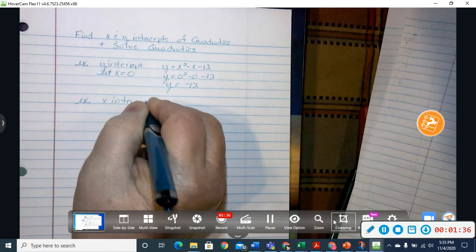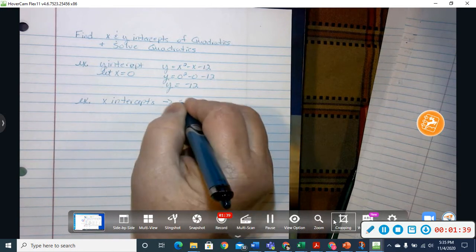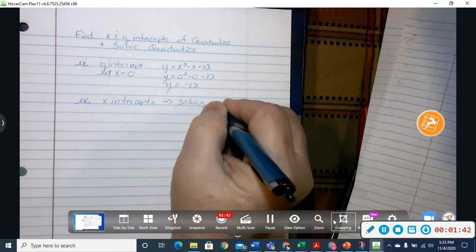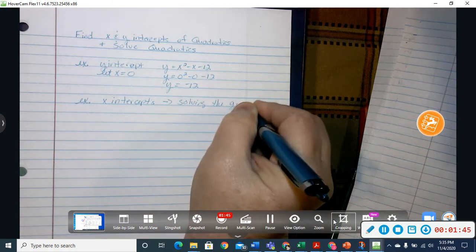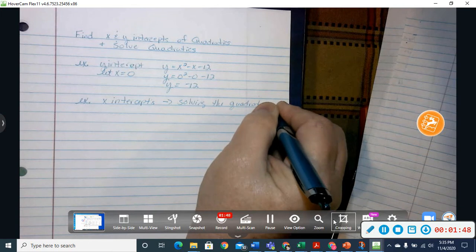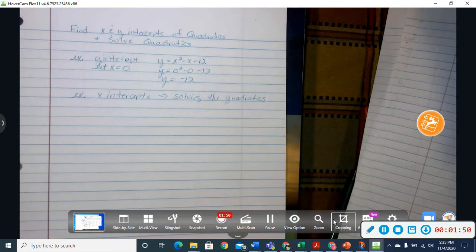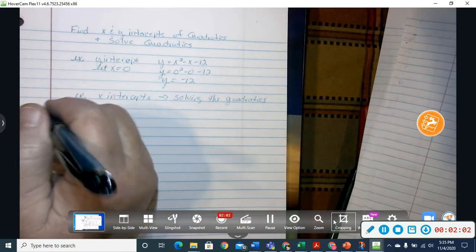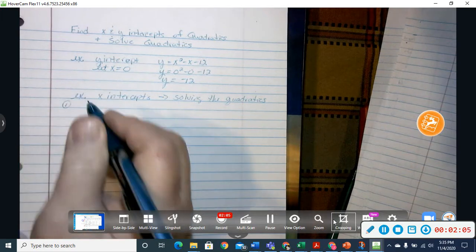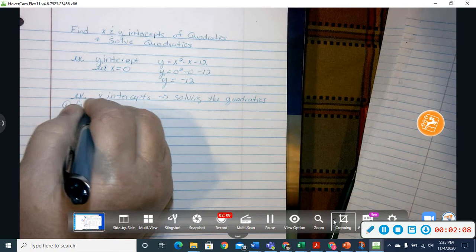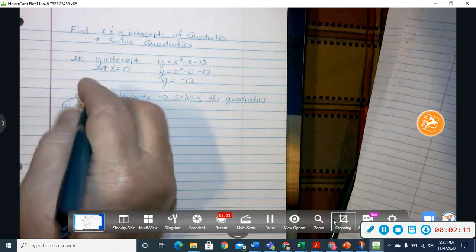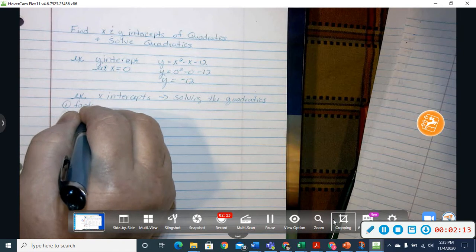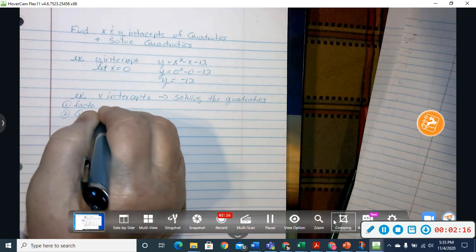If you're finding the X-intercepts, you are actually solving the quadratics. So that's going to be basically one and the same. And if you think back to some past algebra classes, you have many techniques to do this, but the main ones are to use factoring, to use the quadratic formula, and of course you can use graphing.